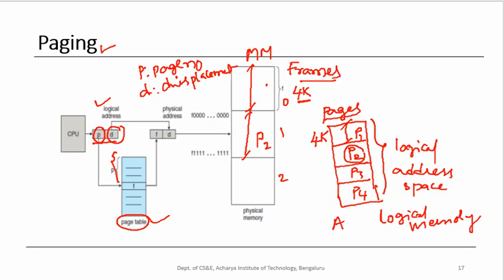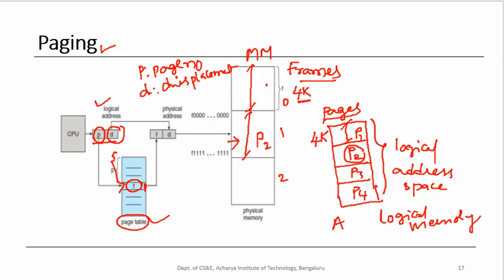Like I told you, P is used to index into the page table, and the page table will contain the frame number where this page is located in the main memory. For example, if the CPU is trying to access P2, and P2 is located in frame 1, that is what will be stored in the page table.